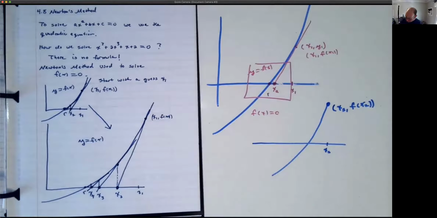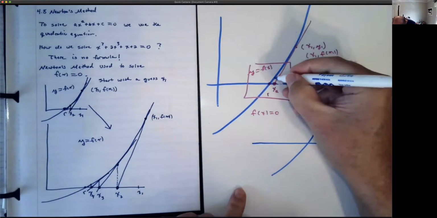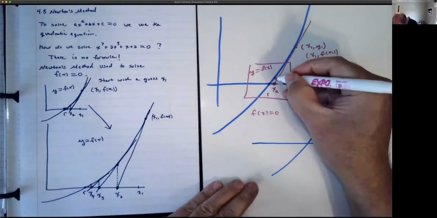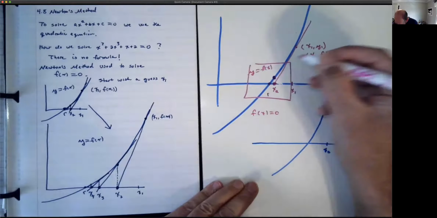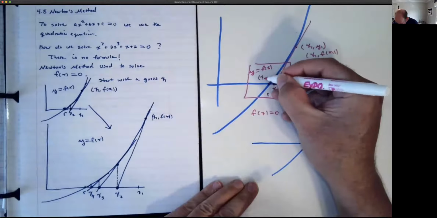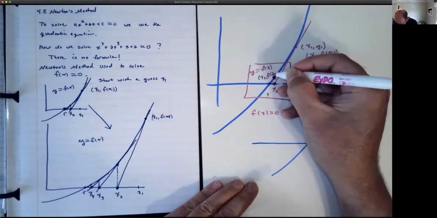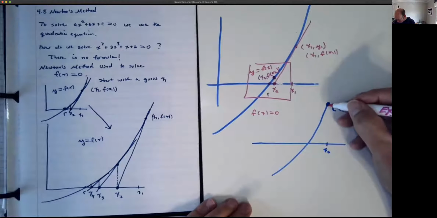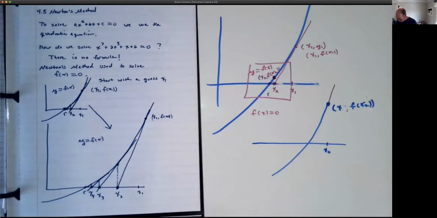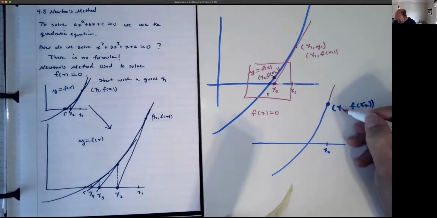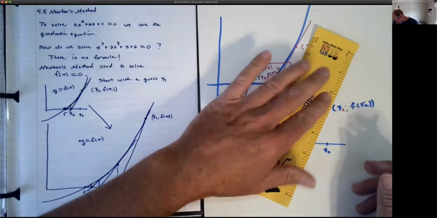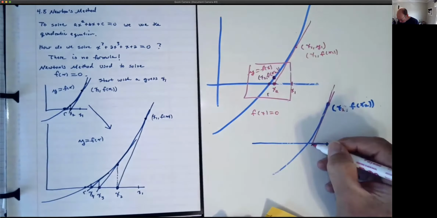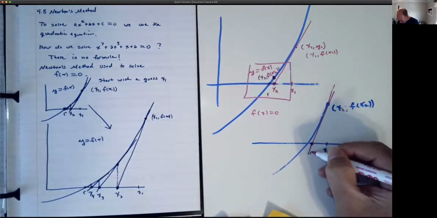Okay, so now in this picture, I'm right here. In the big picture, I'm right here. That's x2, so that would be (x2, f of x2). And in this picture, I'm over here at (x2, f of x2), and then I just do this again. I find the tangent line, and I call this point x3.